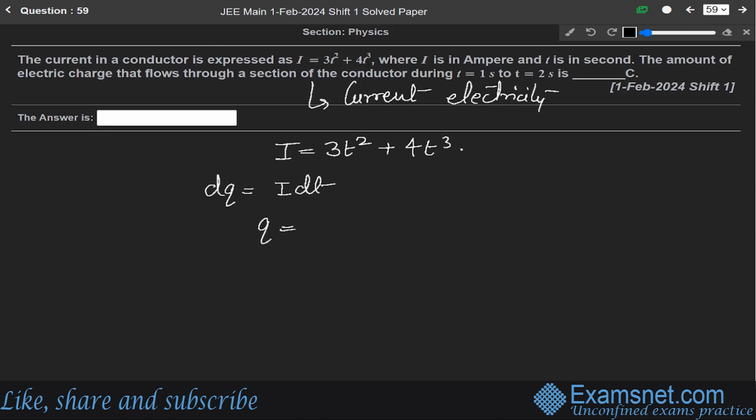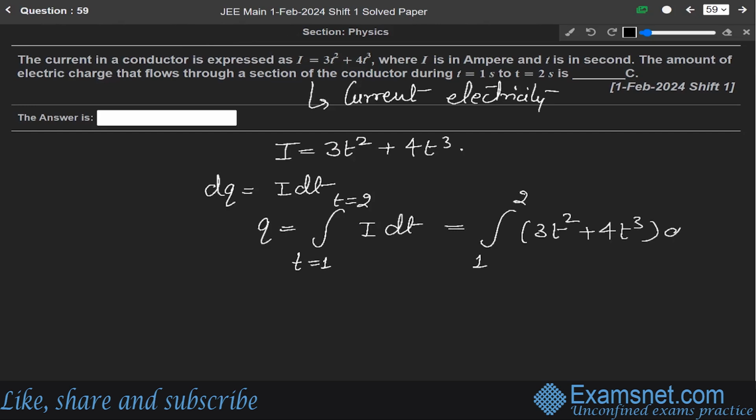So q is equal to integration from t equals to 1 to t equals to 2 second of I dt. So it will be equal to integral from 1 to 2 of 3t square plus 4t cube dt. So it is equal to 3t cube by 3 plus 4t to the 4 by 4 from 1 to 2.